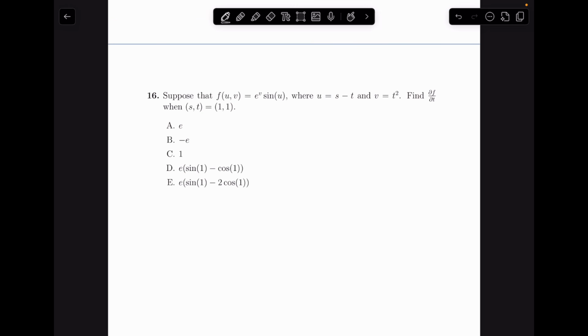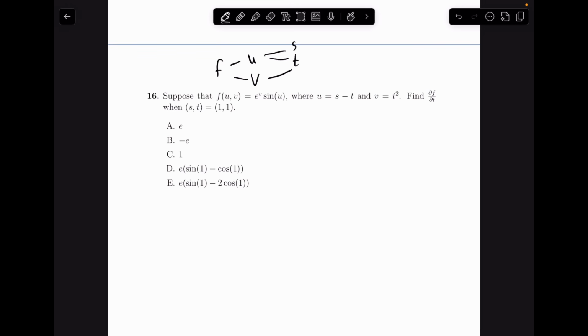So the tree diagram is nice to draw out. So f depends on u and v, and u depends on s and t, but v depends only on t.